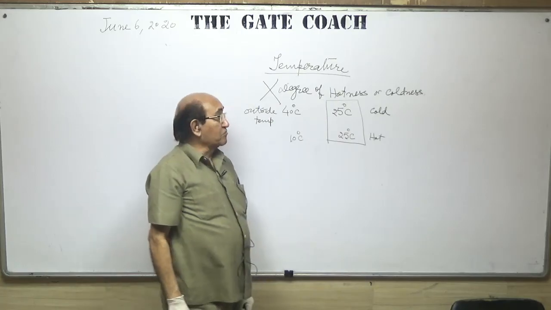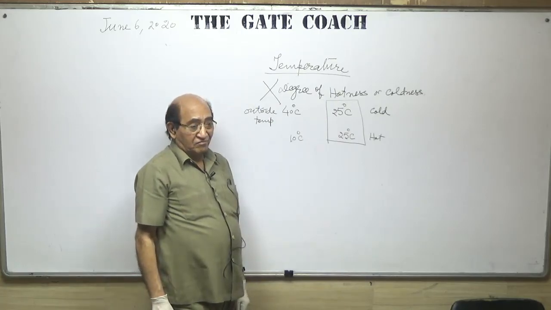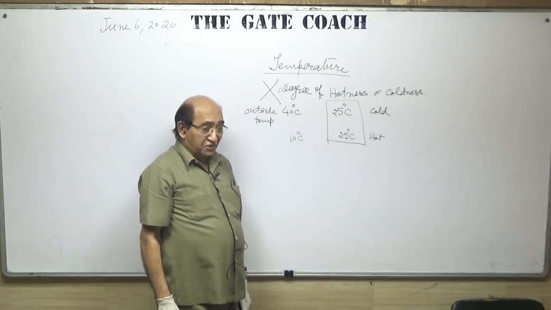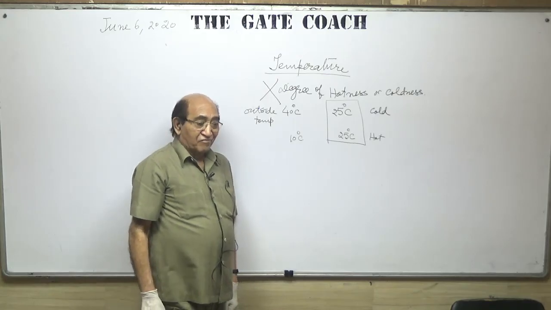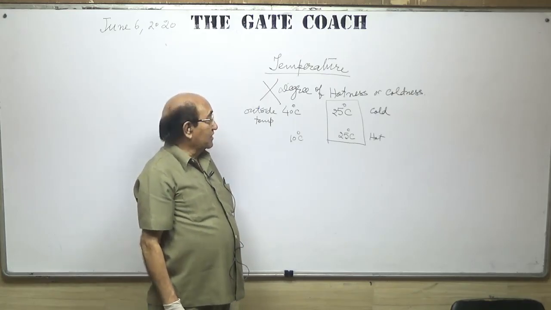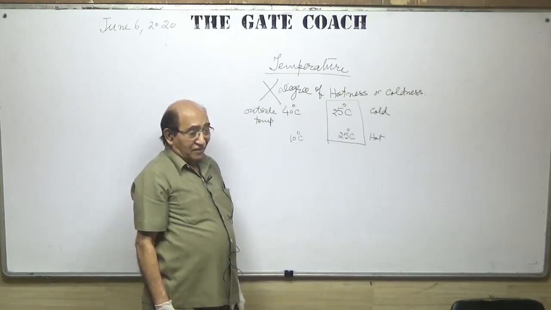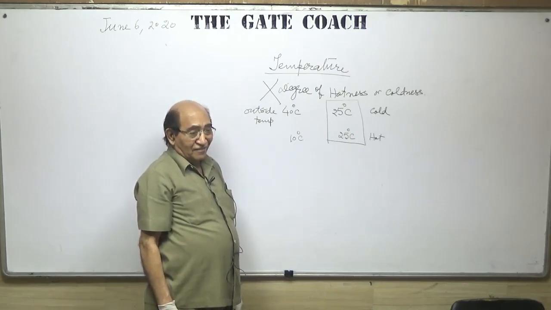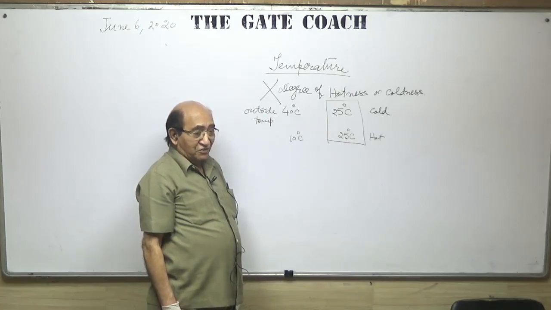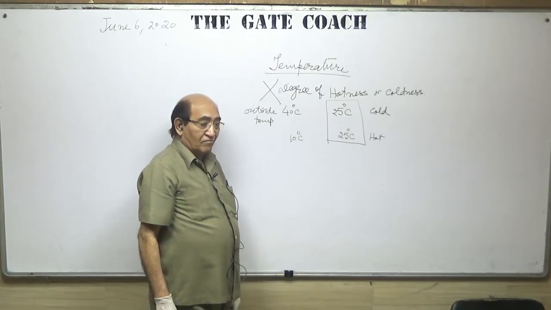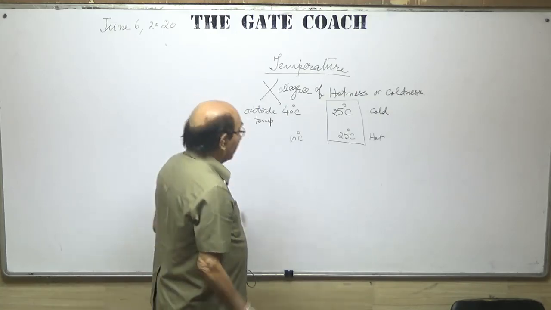Why are we talking in terms of hotness or coldness? Why not talk of 25 in its own sense? Why should I say 25 is less than 40 and is more than 10? Why should I not have the terminology to talk of 25 in its own sense? Why compare with 40 and 10? What is this 25?